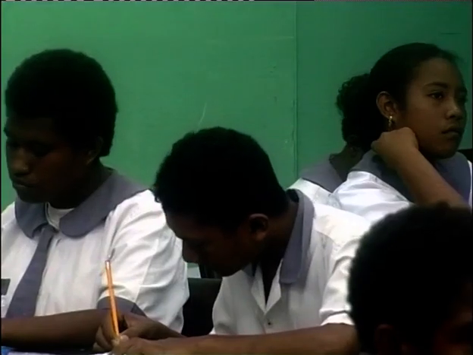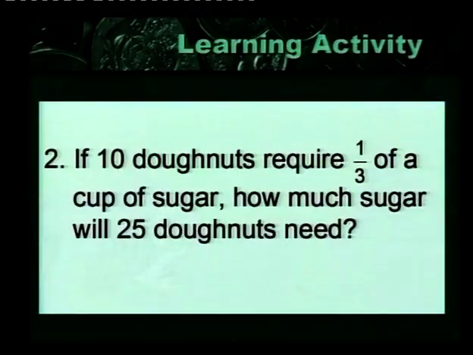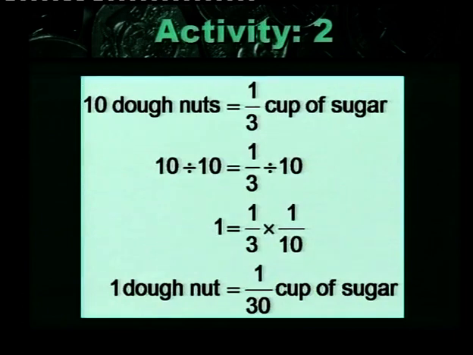The next question, question 2, we were asked to find out how many cups of sugar were needed for 25 donuts, and we were given 10 donuts is equal to 1/3 cup of sugar. In order to find how many cups of sugar for 25 donuts, we have to find how much sugar is for one donut.